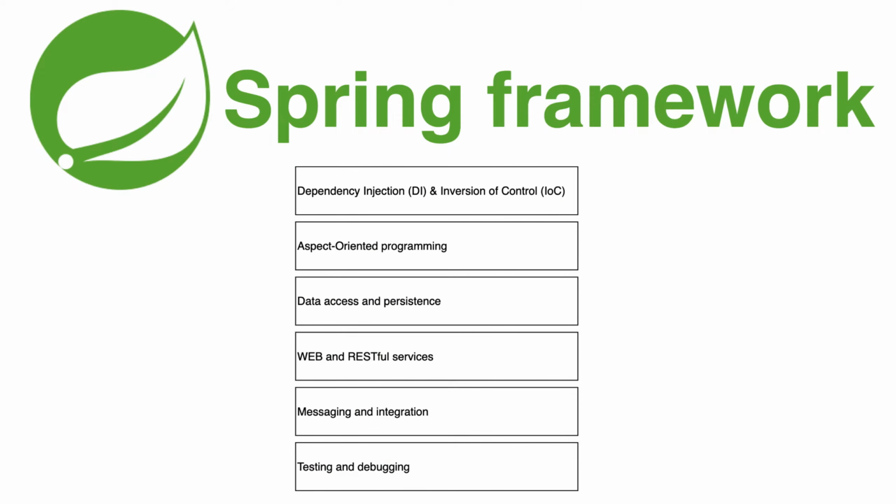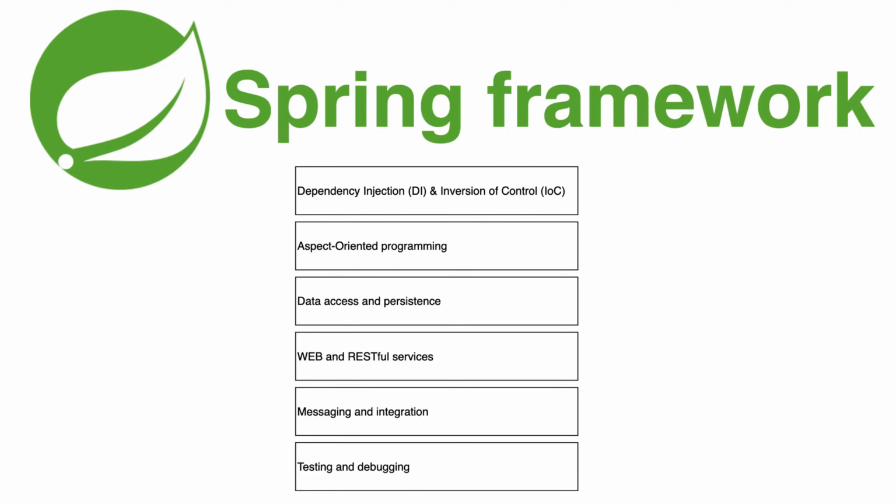First of all, let's answer the following question. What is Spring and Spring Boot? So we will start with the Spring framework. The Spring framework is an open source application framework for the Java platform. It was first released in 2002 and has since become one of the most widely used frameworks for developing enterprise applications in Java.